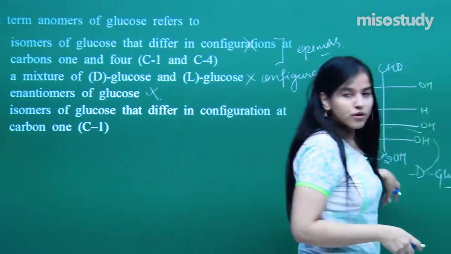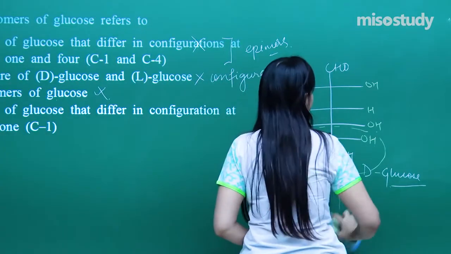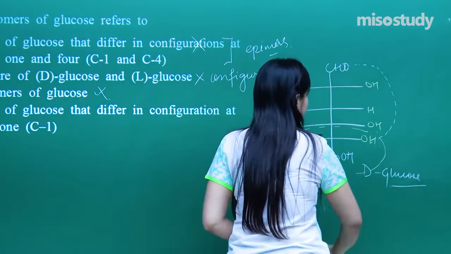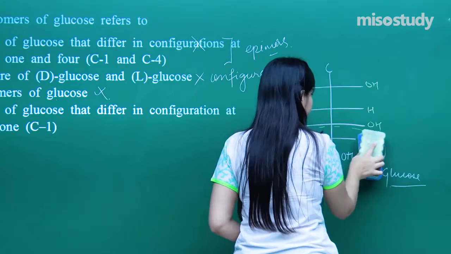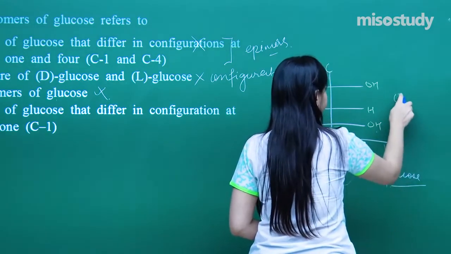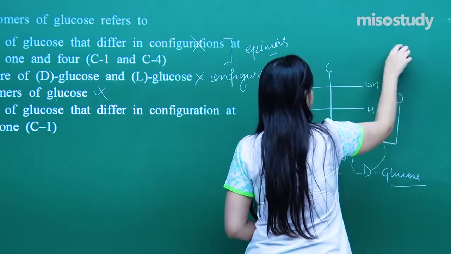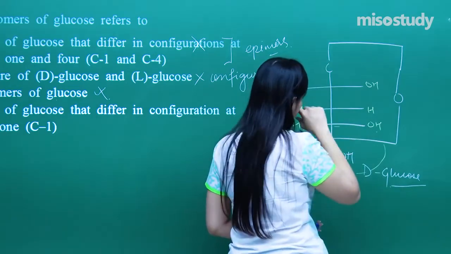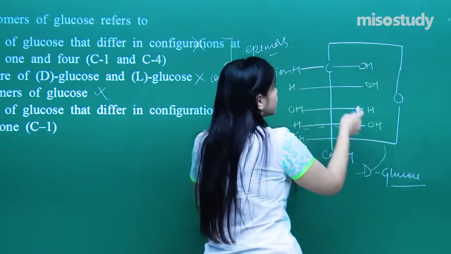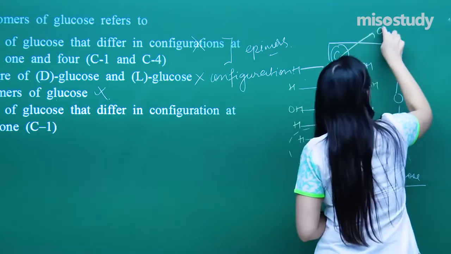If I have a structure of glucose like that, let us make the glycosidic linkage. The glycosidic linkage will be somehow like this, and let us connect the two. So if I connect the two, I get a glycosidic linkage, something like that. And if this OH now lies towards the right, so this is C1, this is nothing but the anomeric carbon.